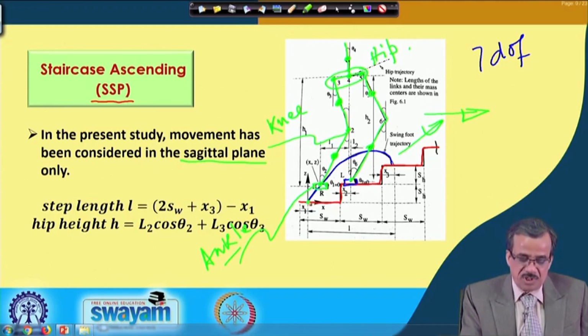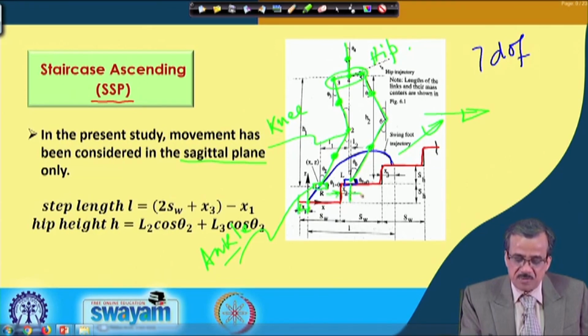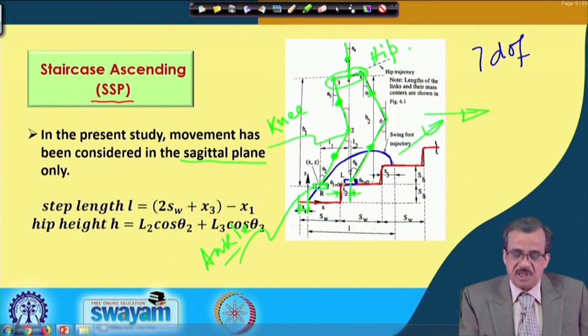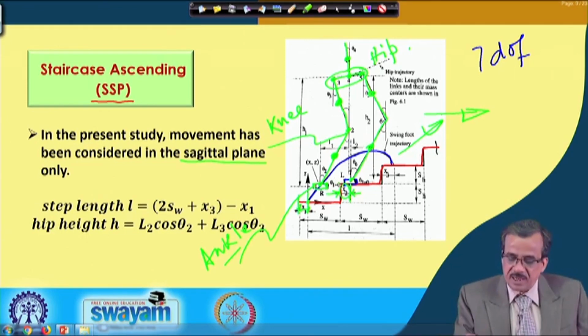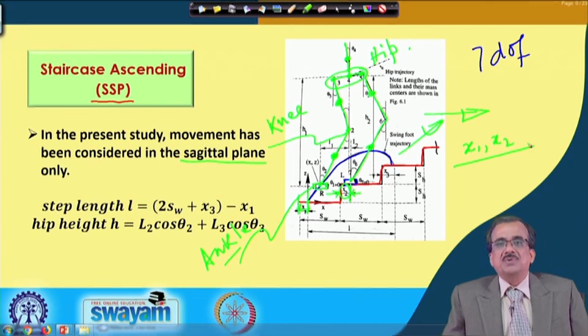The initial position of the foot from the edge of the staircase is nothing but x1, and the placement of the ground foot with respect to the edge of the staircase is nothing but x2. So, x1 and x2 are the inputs for my gait planner.